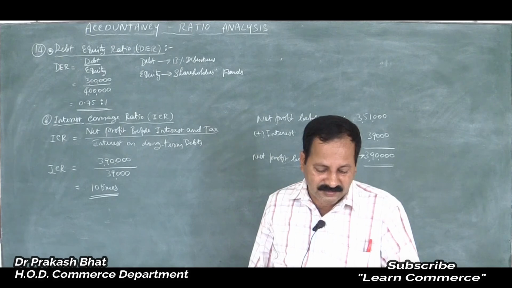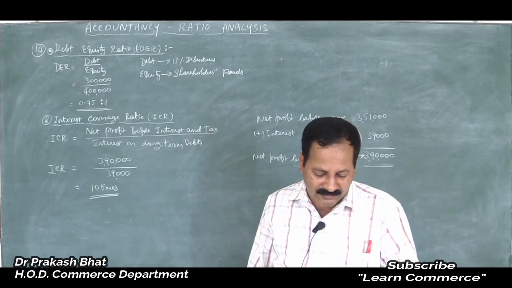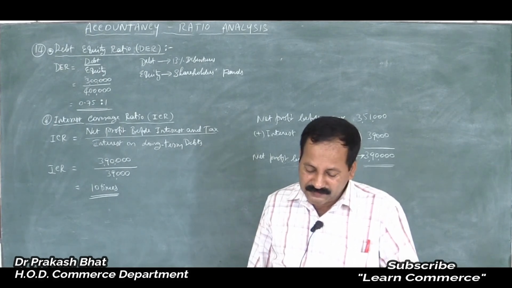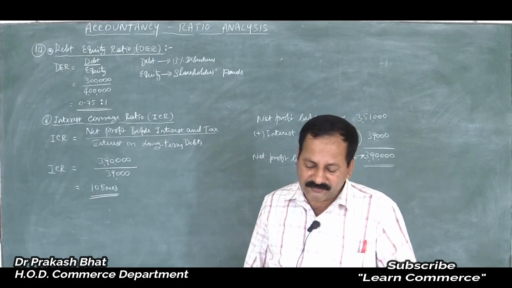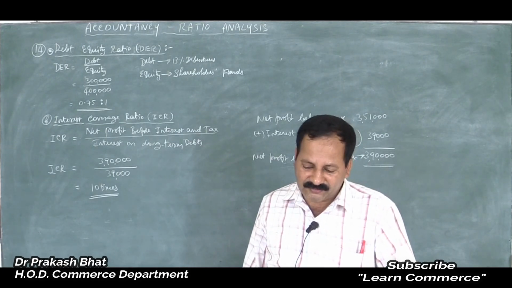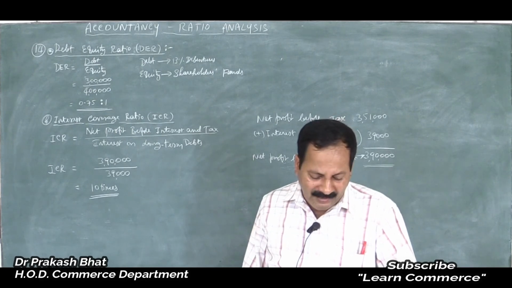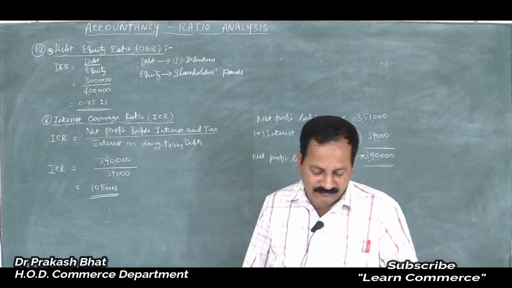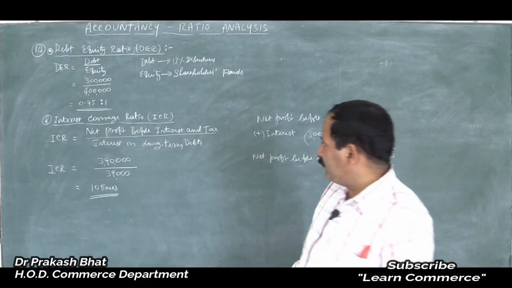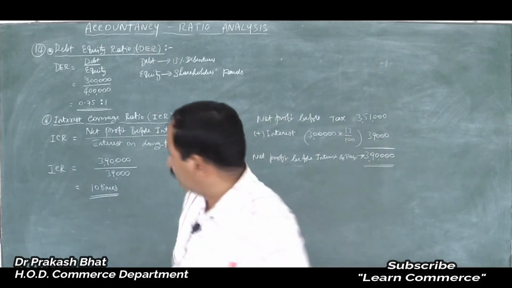The last ratio that we have to calculate is what? They told us to calculate debt equity ratio, we have calculated interest coverage ratio, then debt to capital employed ratio. Now let us write the formula for that.